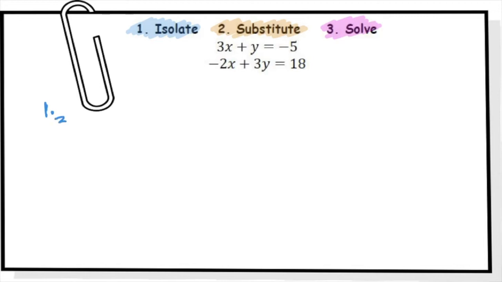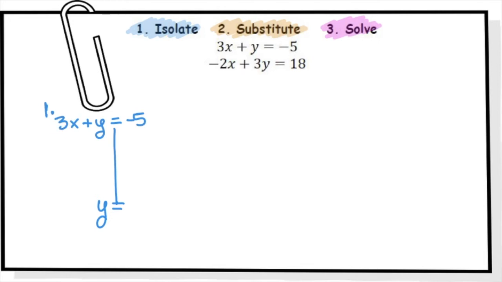My equation is 3x plus y equals negative 5. And I need to isolate, which means leave one of the variables alone. In this case, I'm going to leave the variable y alone. Why? Because it's a lot easier. The only thing that I have to do is cancel the 3x and I'm done.